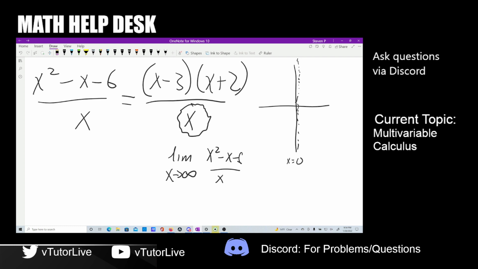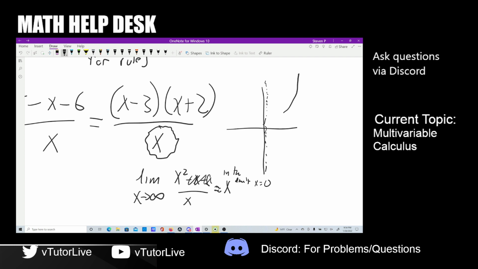But a little bit less formally and more intuitively, x squared is going to out-dominate everything over here, and it's also going to dominate over this x. Basically you can ignore these for now and just say this looks like x squared over x, which is just basically x in the limit. So as x goes to infinity, the term x by itself goes off to infinity.